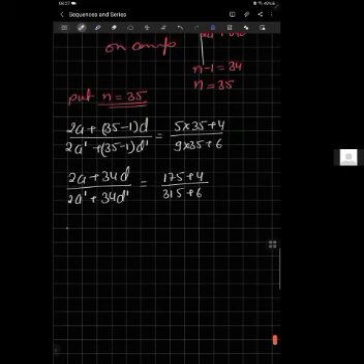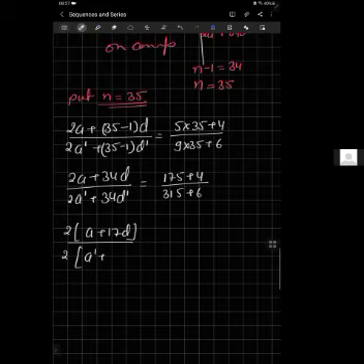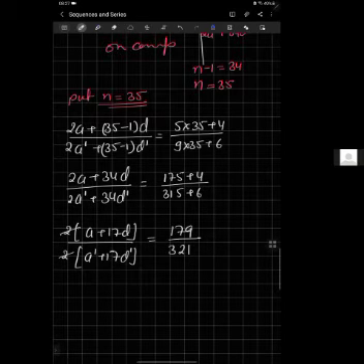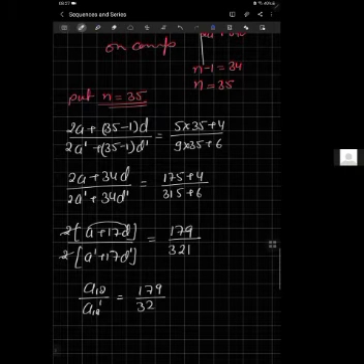Now 2 I'm taking common, so it will be a plus 17d upon a dash plus 17d dash equals to 179 upon 321. 2 to cancel. This could be written as A18 upon A18 dash is equals to 179 upon 321. This is the answer.